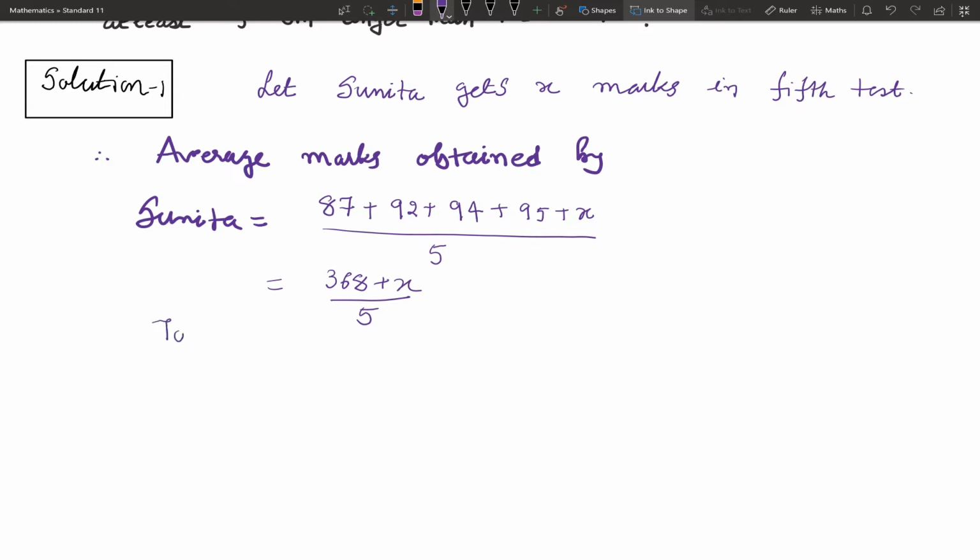Now to get grade A, average marks must be greater than or equal to 90.